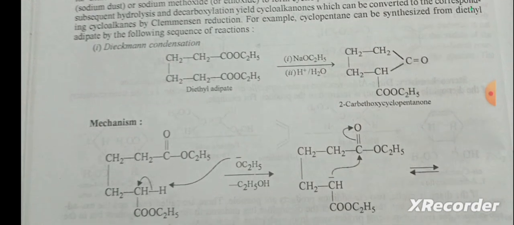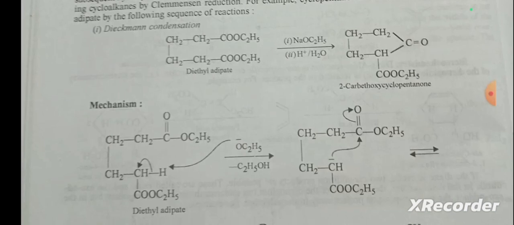For example, cyclopentane can be synthesized from diethyl adipate by the following sequence of reactions.